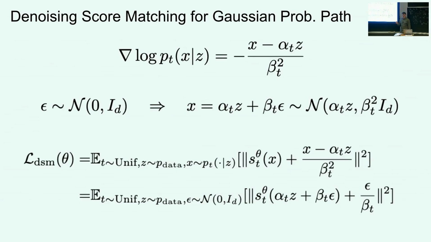Pretty simple, right? And the cool thing is, maybe just as an aside, I told you that it's called denoising score matching. Maybe you now understand why, because the method was initially found only for Gaussian probability paths, and in this case, you just learn to predict the noise that was used to corrupt the data point. That's why it's called denoising score matching. This terminology has just stuck, but in this case, you really see why it's called that way.